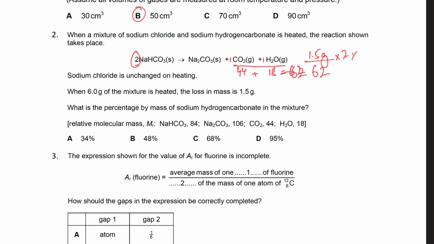Now if you multiply that by the MR of sodium hydrogen carbonate, which is 84, that will tell me what is the mass of sodium hydrogen carbonate, which comes out to be 4.06 grams. Now 4.06 grams is the mass of sodium hydrogen carbonate that reacted, divided by 6, which is the total, into 100%. And your answer is 67.7, which is 68%.